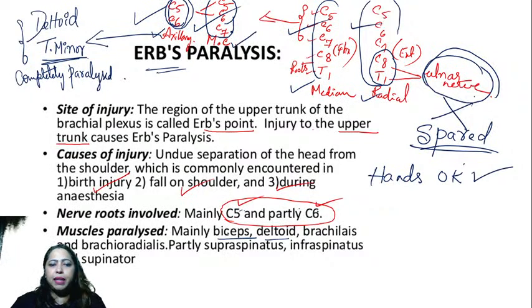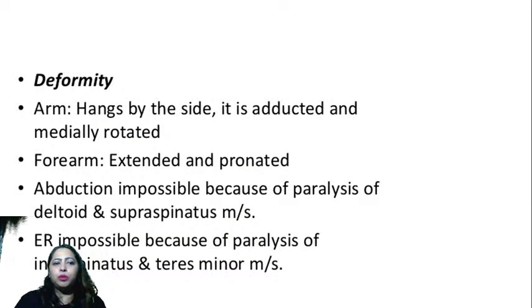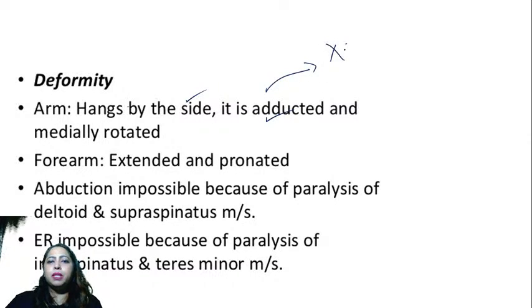Now see here, mainly the biceps, deltoid, brachialis, brachioradialis, and partly all these muscles are paralyzed. Next, this is how the deformity looks. The arm hangs by the side and it is adducted. Why? No abduction, because deltoid is paralyzed.